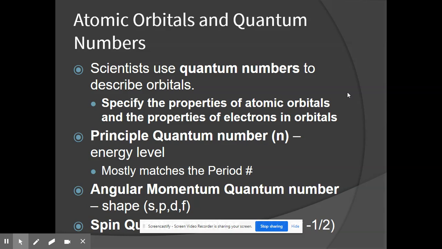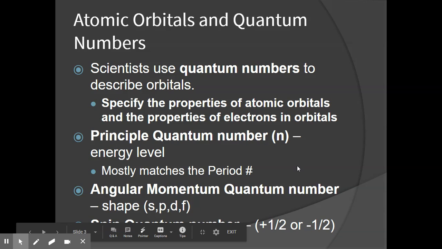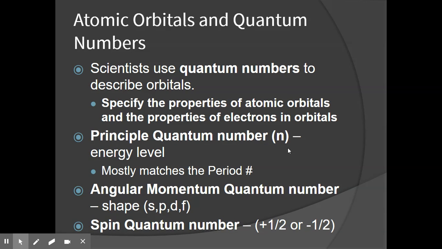The second one is the angular momentum quantum number, which is a fancy way of saying the shape of the orbital. There are four shapes, s, p, d, and f. As you go from s to p to d to f, you are increasing the energy of the electron. And then the last one that we're going to be interested in right now is the spin quantum number, which is either plus a half or minus a half, which says that the electron is rotating either clockwise on its axis or counterclockwise.